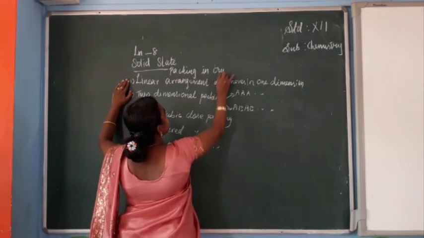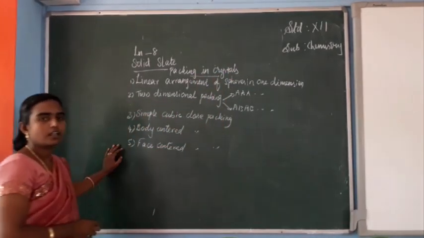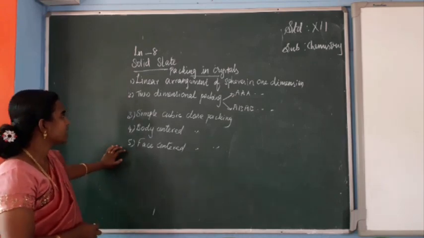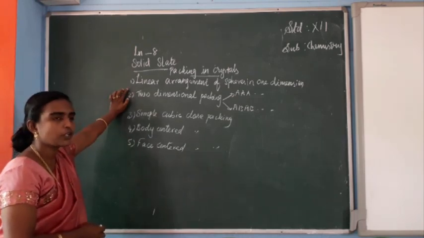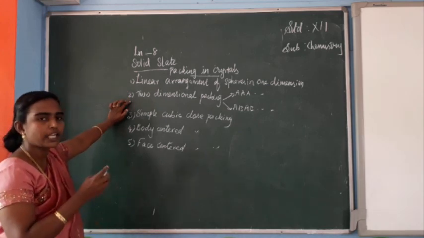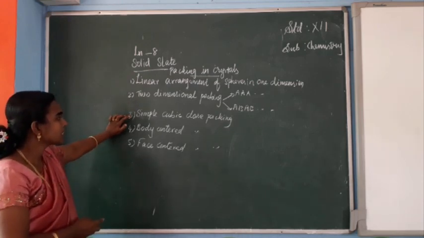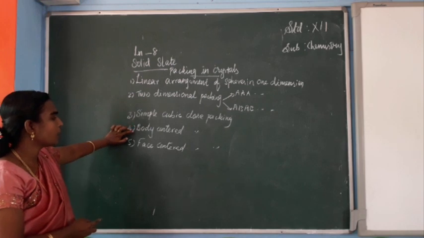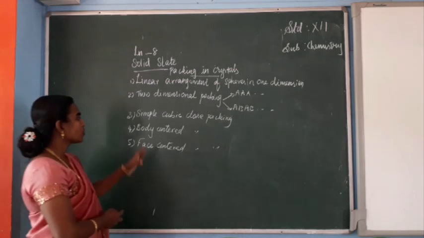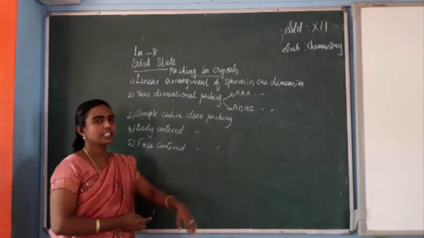The constituents, which may be atoms or ions, can be packed in a crystal in these ways: linear arrangement of spheres in one dimension, two-dimensional packing of two types, AAA type and ABAB type, then simple cubic close packing, body-centered close packing, and face-centered close packing. For these three, we have to calculate the packing efficiency also.